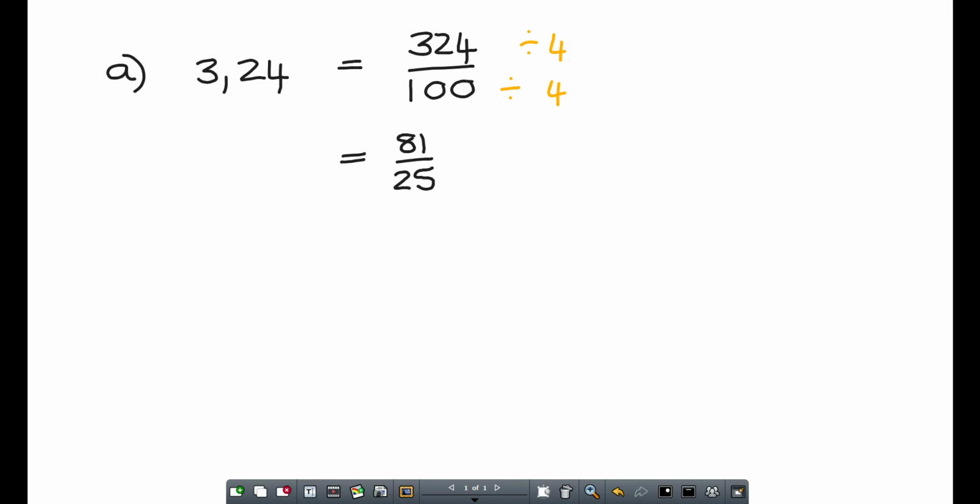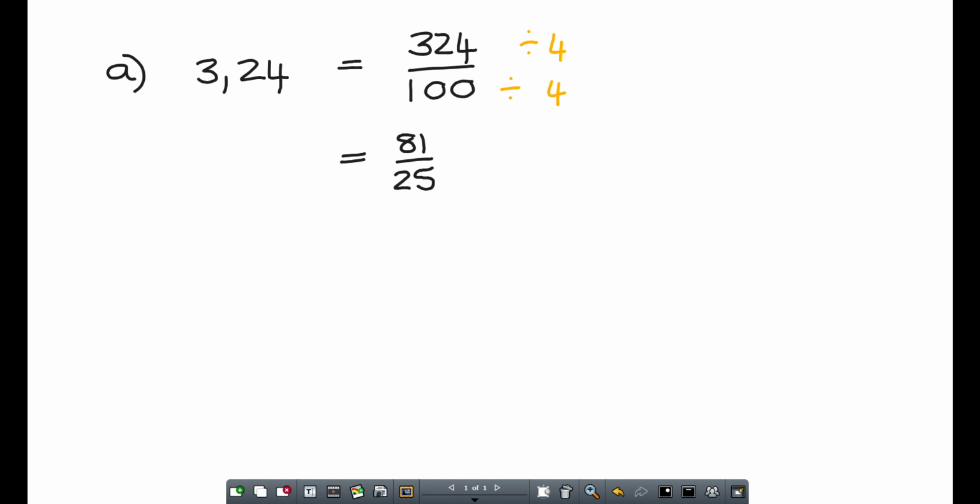So just a quick reminder, can you see the top part is bigger? The numerator is bigger than the denominator. Why is that? Because we had 3 comma, and that 3 is like a whole number, so it must be bigger than the denominator itself. Okay, right, let's look at B.